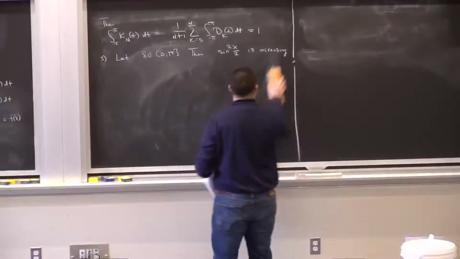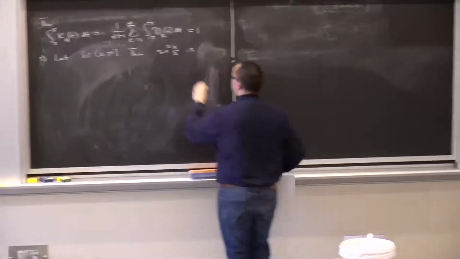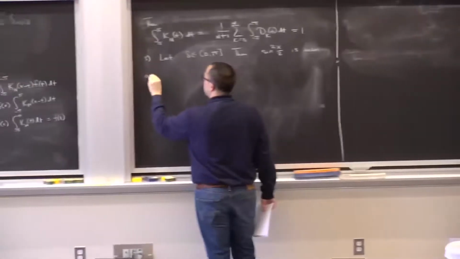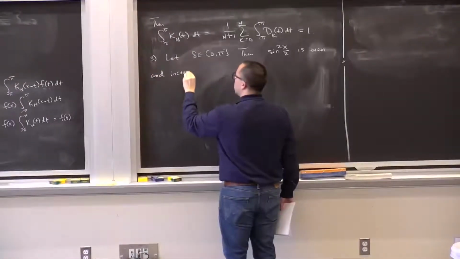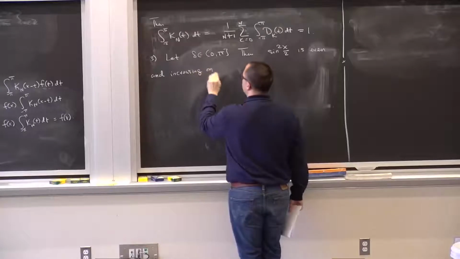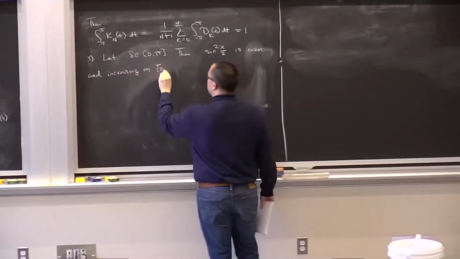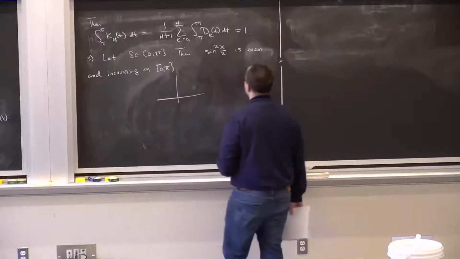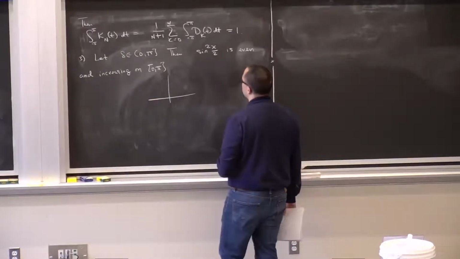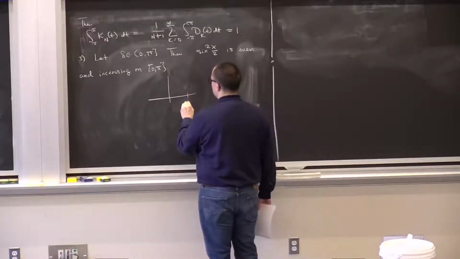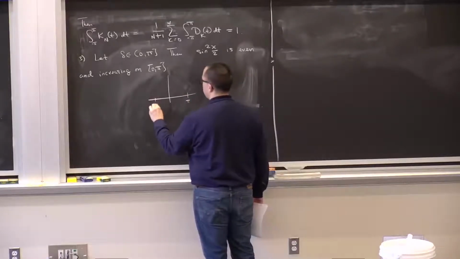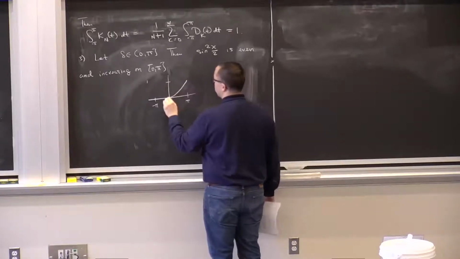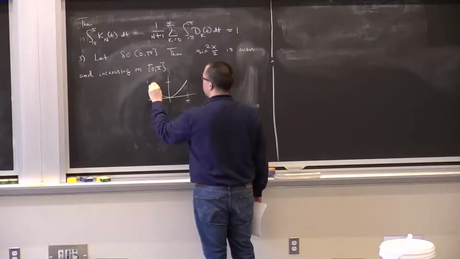I should say it's even, and increasing on 0 to pi. So what it looks like is sine squared x over 2. So there's pi, minus pi. Sine squared kind of goes up to 1.